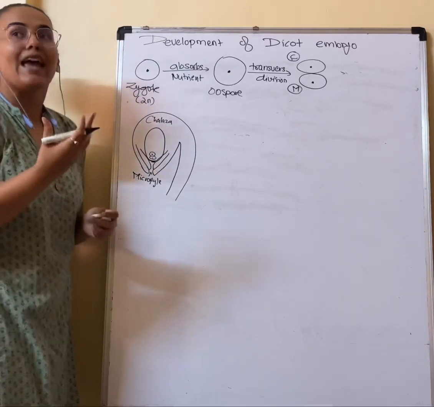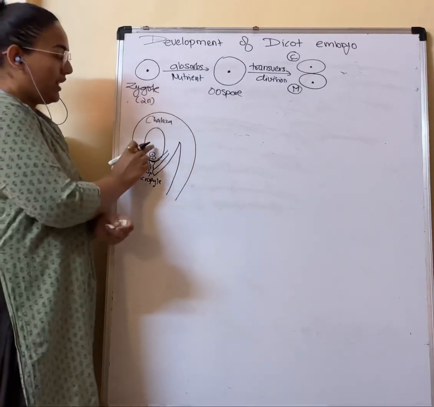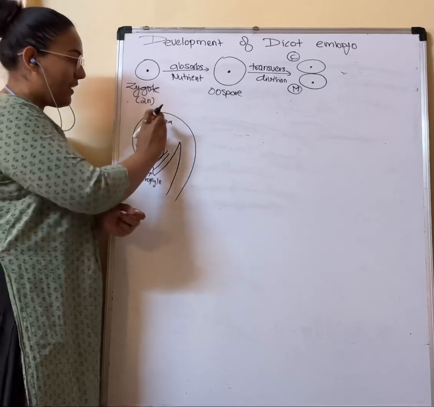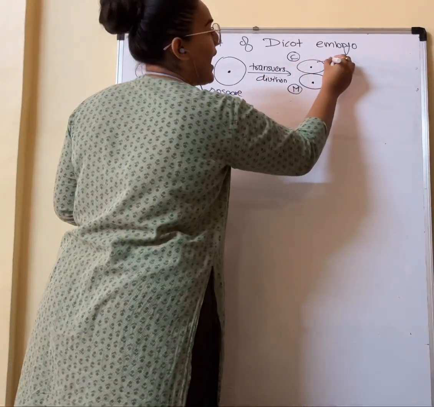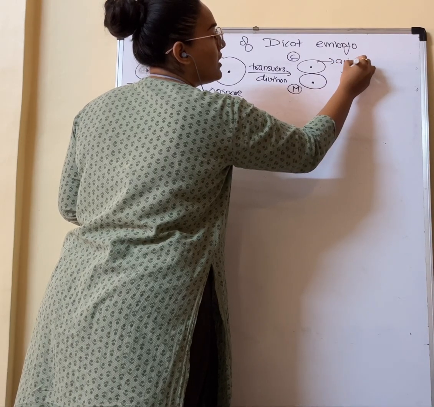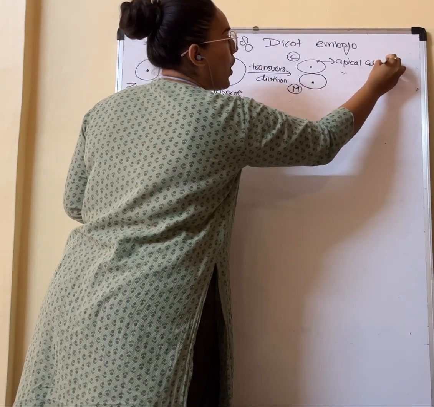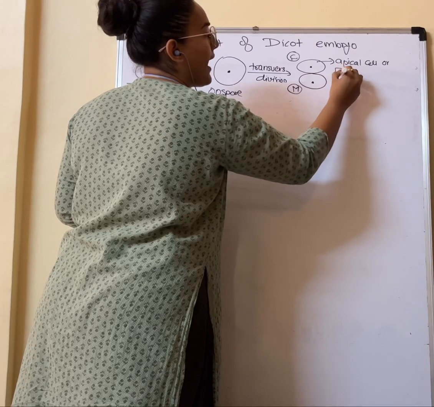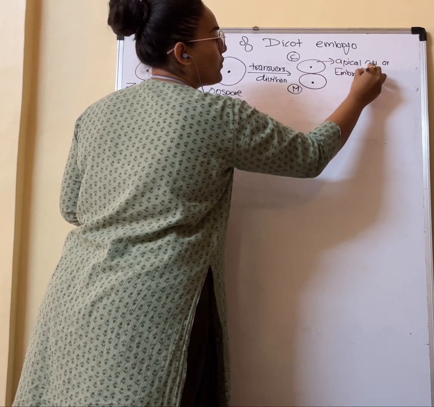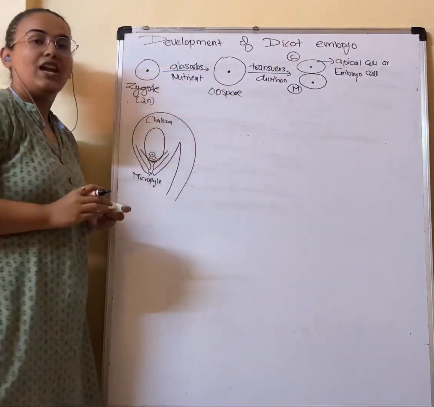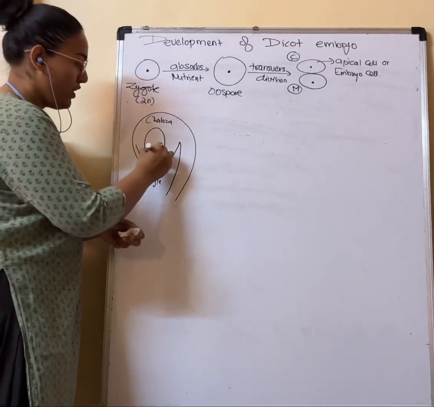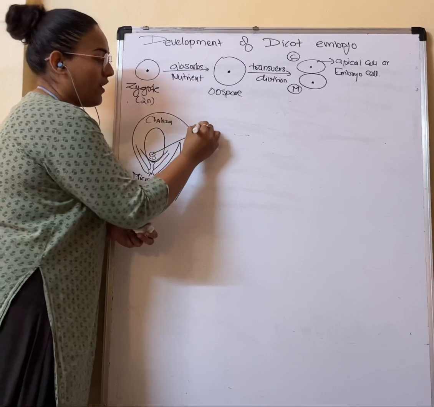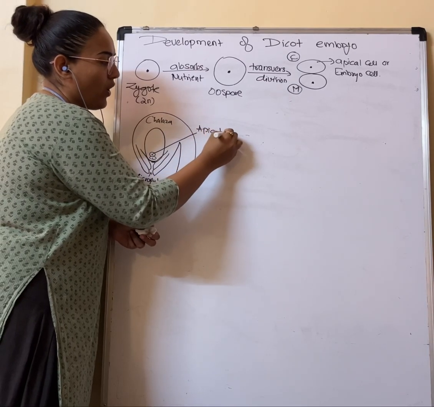Now, what happens to them? These two cells, the one cell which is towards the chalazal side, is called the apical cell or the embryo cell. Fine, you can call it apical cell or the embryo cell.